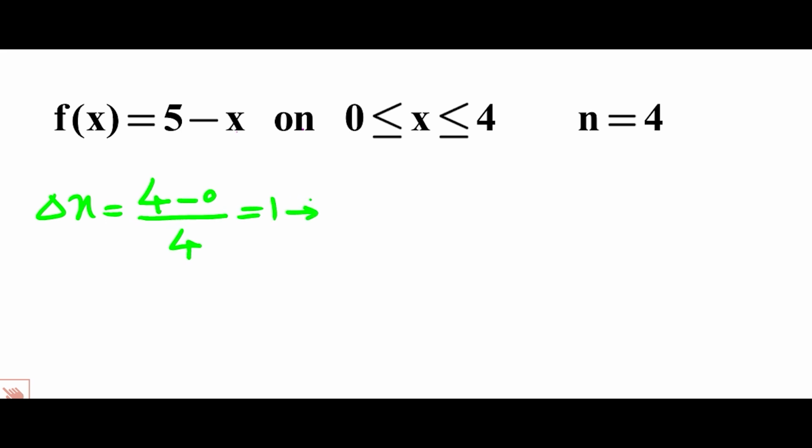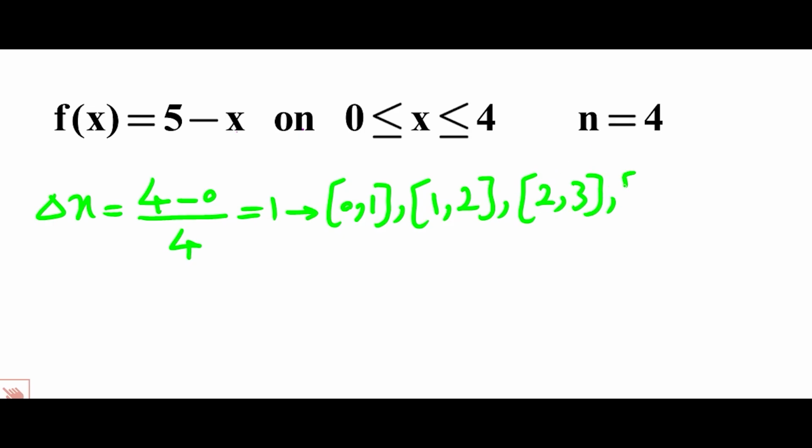So the partition points are 0 to 1, 1 to 2, 2 and 3, 3 and 4. And as you know, for a decreasing function, the upper sum uses left endpoints, means 0, 1, 2, 3.